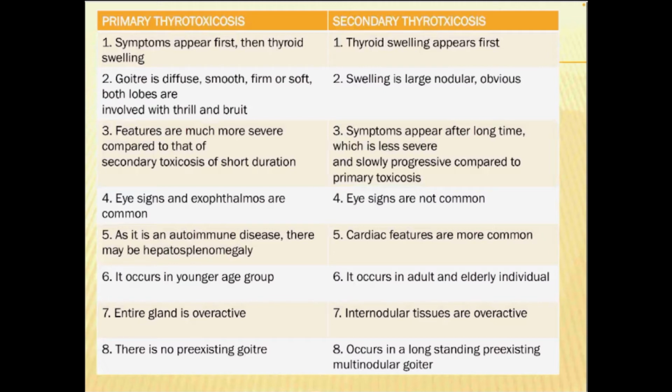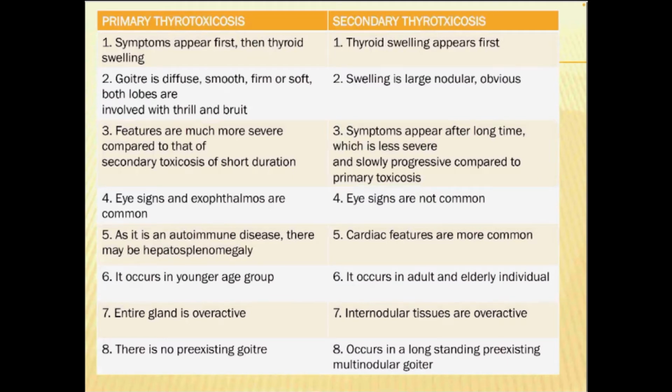In primary thyrotoxicosis, there will be a diffuse swelling. It may be firm or soft, and both lobes are involved. But in secondary thyrotoxicosis, a single nodule or a single lobe will be involved.